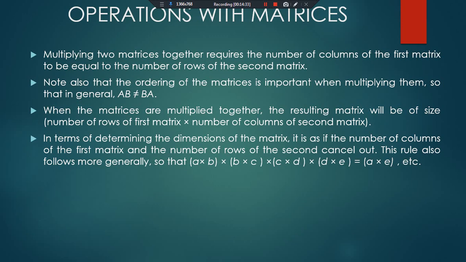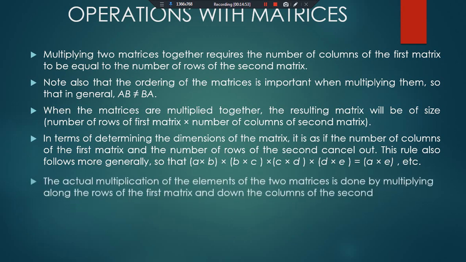This rule also follows more generally, so that A cross B, B cross C, C cross D, D cross E, or you can say A cross E, like that you have to cancel out the number of columns of the first with the rows of the second matrix, sorry.